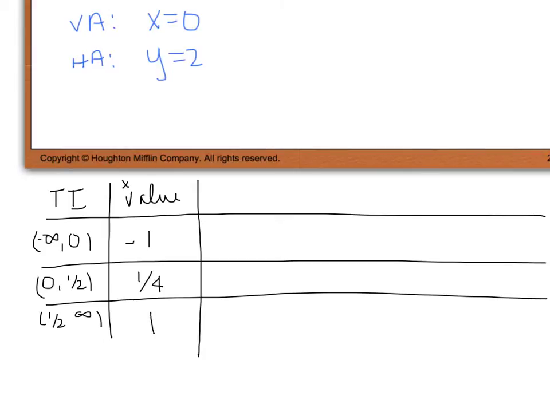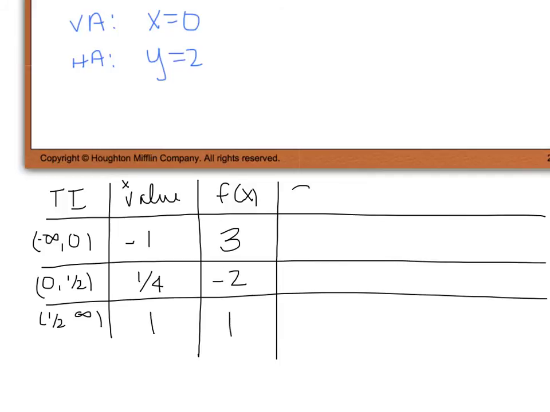So then I'm going to have to evaluate my function f of x at those x values. If I plug a -1 in, I end up with a 3. If I plug a positive 1/4 in, I end up with a -2. And if I plug in a 1, I also end up with 1.